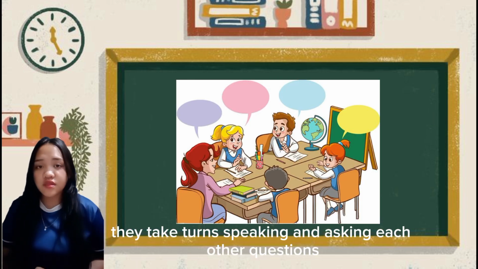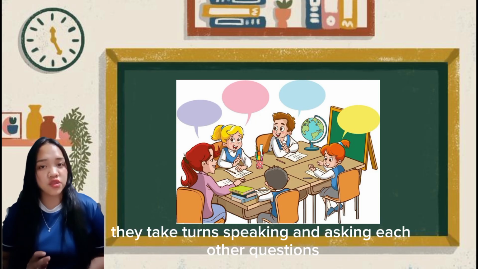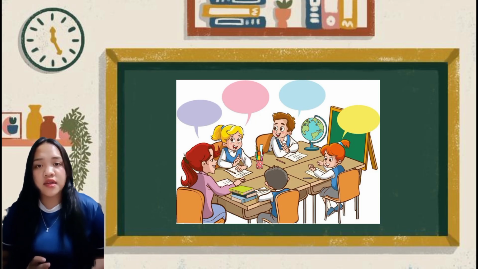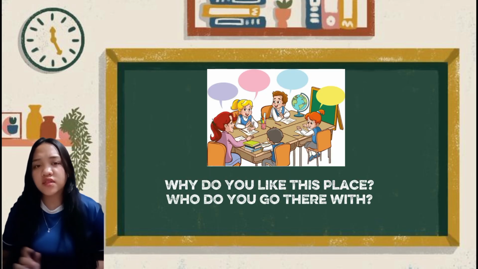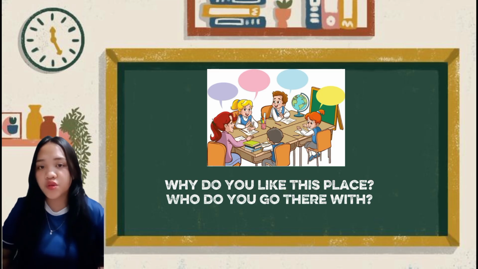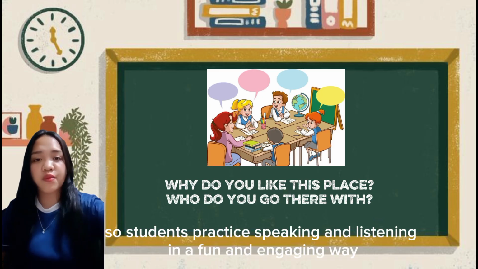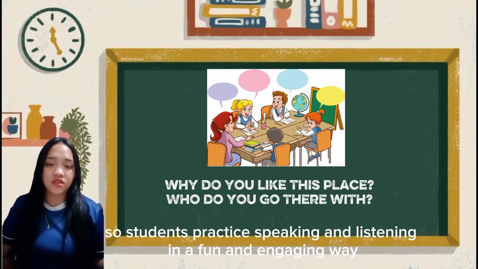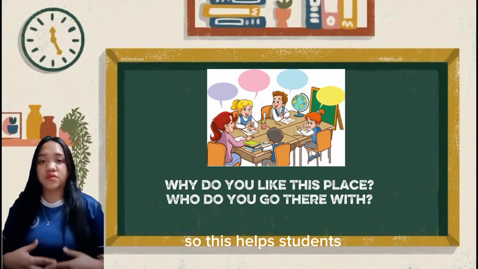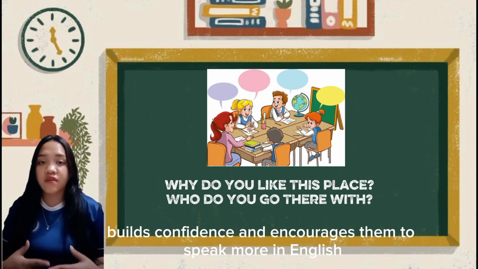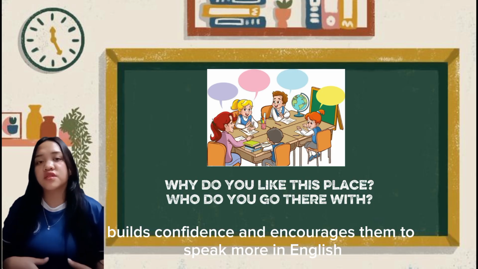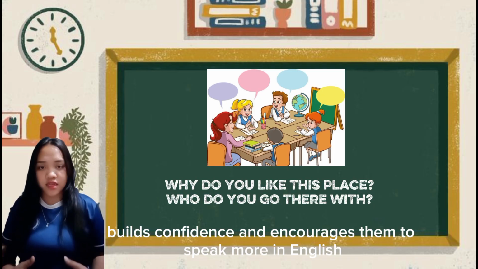They take turns speaking and asking each other questions, for example, why do you like this place or who do you go there with? So students practice speaking and listening in a fun and engaging way. This helps students build confidence and encourages them to speak more in English.